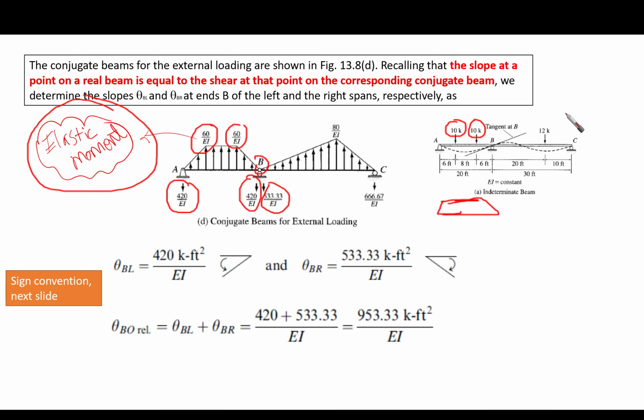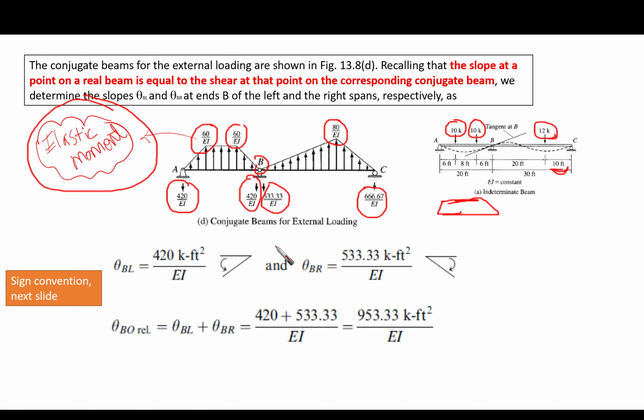And for this span, we have a 12 concentrated load at distance 10 from C and 20 from B. Then we have 80 over EI, which is the moment here, and the arrows are heading up. The reactions at the supports of this conjugate beam are heading down, as you can see here.